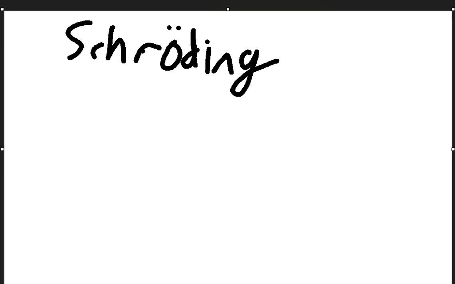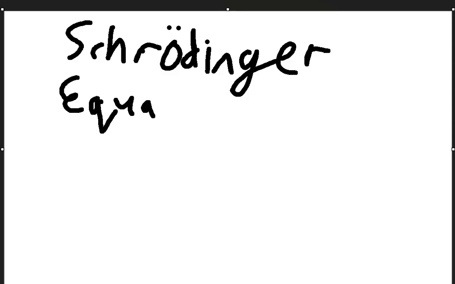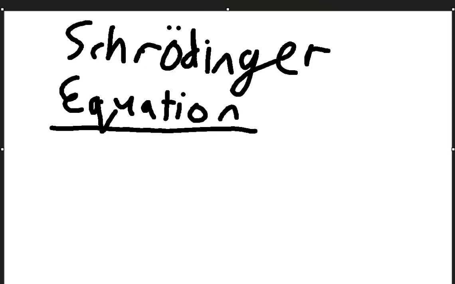Okay, I was spelling this correctly. Schrodinger. He was a German. That's why there are dots on his head. Equation. Anyway, Schrodinger equation.